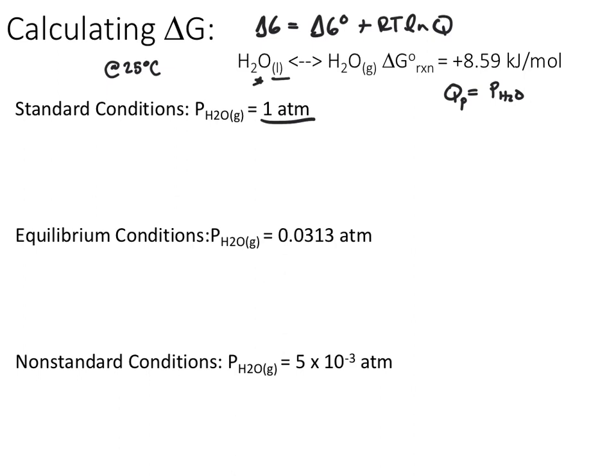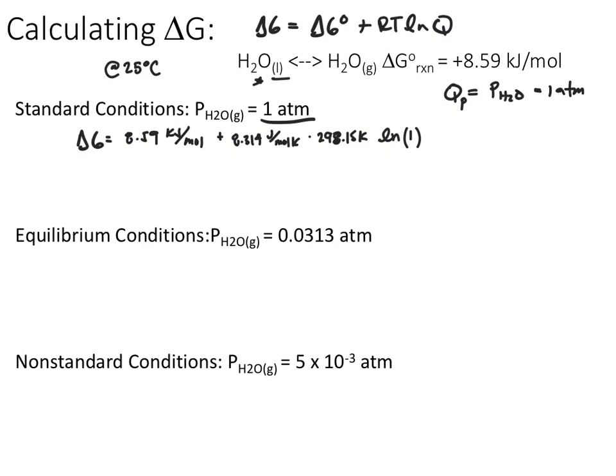And so what we're then going to do is calculate our delta G. If we plug our values in, we have our delta G naught, which we obtained from here. We have our R value, our constant. We have our temperature in Kelvin, 25 degrees C is what we're working with. And then we plug in our Q value, which we've already said is the pressure of H2O, equal to 1 atm.